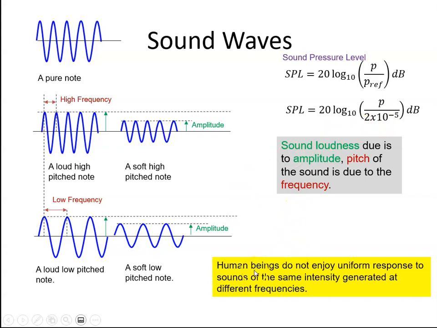However, human beings do not enjoy uniform response to sounds of the same intensity generated at different frequencies. What that means is some frequencies or some pitches are just more annoying to us. So if you can just imagine a high-pitched sound and the irritation that causes to your ears.